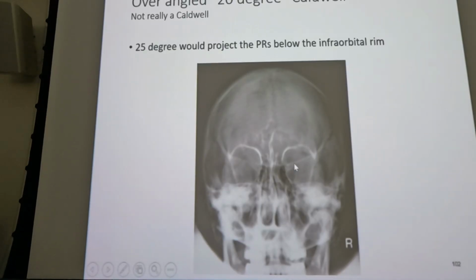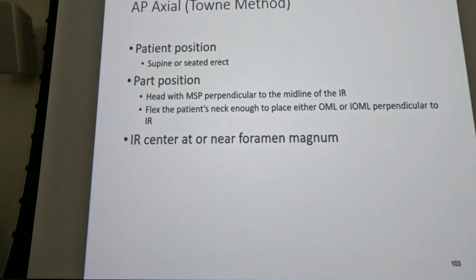What we'll start to see there, though, is, see these dark areas right here? It's an inferior orbital fissure. So if that happens to be what you want to see, then you might consider a 20-25 degree angulation. But most commonly what we're going to use is 15-degree Caldwell. Will the Haas be on the test? The Haas will be on the test, yeah.